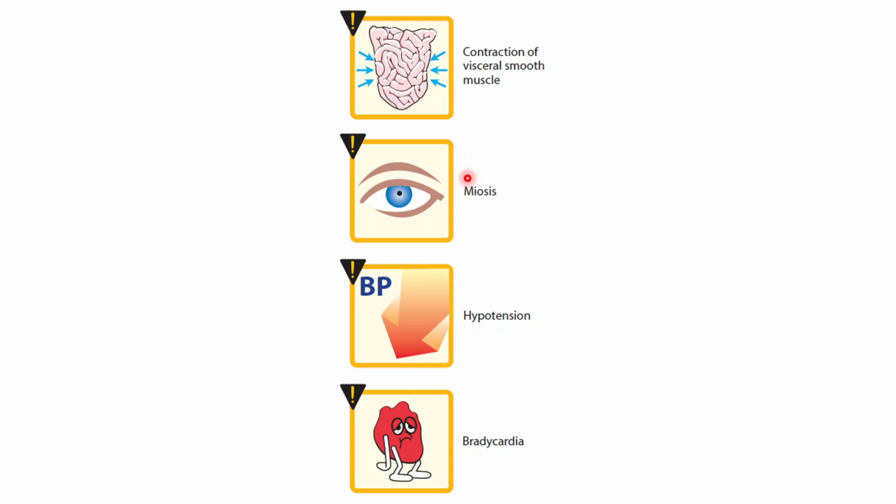The duration is actually the same as physostigmine, intermediate, up to 2 hours, and is used as antidote for neuromuscular blockers, and also used to stimulate the bladder and GI.